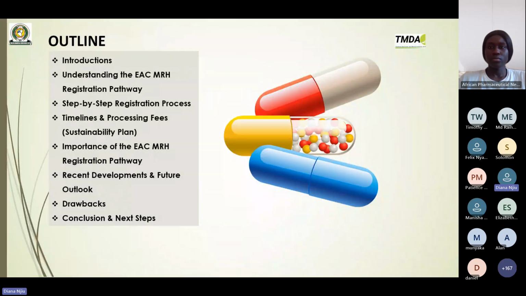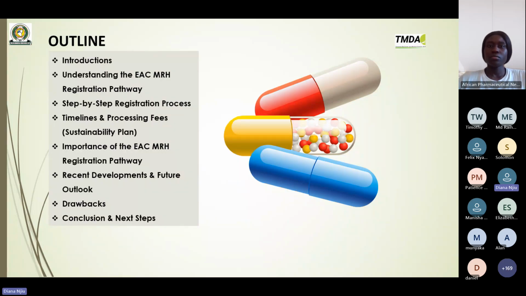We'll learn who the key stakeholders are, the main regulatory authorities involved, the step-by-step registration process, the timelines and the processing fees. And if you have heard about the EAC MRH sustainability plan, or you have not, you'll get a chance to hear about it. We'll also cover the importance of the EAC MRH pathway, some challenges and future outlook, and a conclusion.